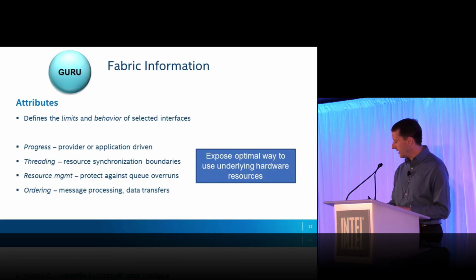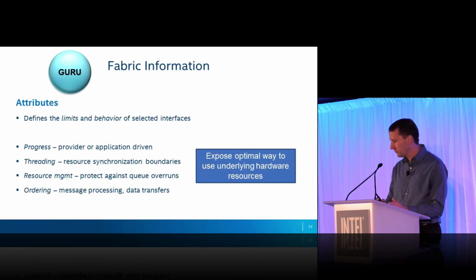So just because, for example, a vendor says I can support 20 million endpoints, can their hardware really support 20 million endpoints, or can they just have 20 million addressable units? The hardware may only be able to support, say, 8K worth of actual active endpoints. And we want to be able to expose that up through these interfaces.